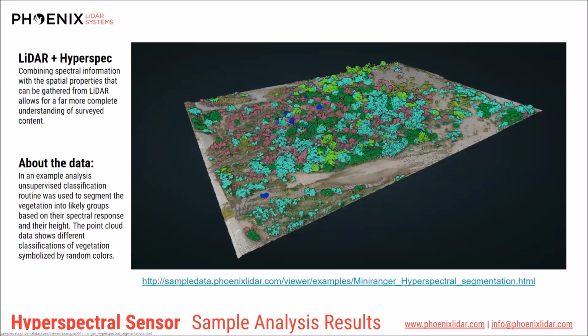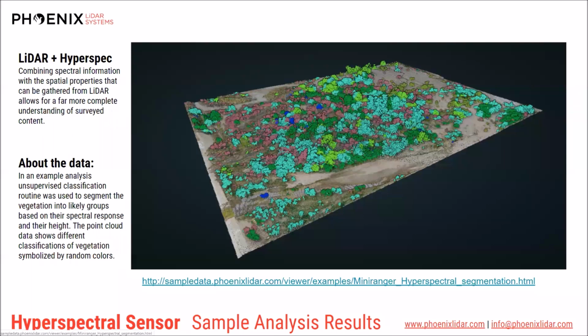After completing radiometric and geometric corrections, we used the hyperspec values and height values derived from LiDAR in an unsupervised classification routine. We used a k-means classifier, which looked at the spectral and spatial attributes and grouped pixels into probable plant types.